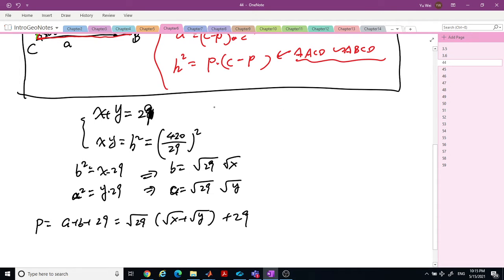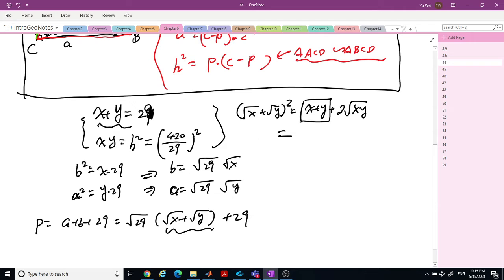Now we try to solve this one, right? This one we already have here, 29 plus 2 root of this, right?